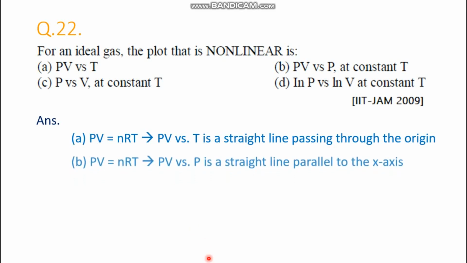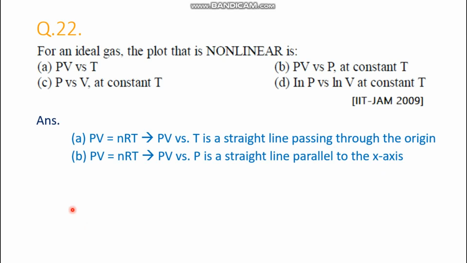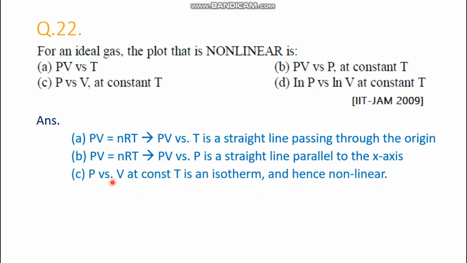So this should be linear. PV equals nRT, from which it is PV versus P. So PV is independent of P. That would also be a straight line, parallel to the x-axis. And P versus V, this is nothing but an isotherm. So this is non-linear, and this is probably the answer.